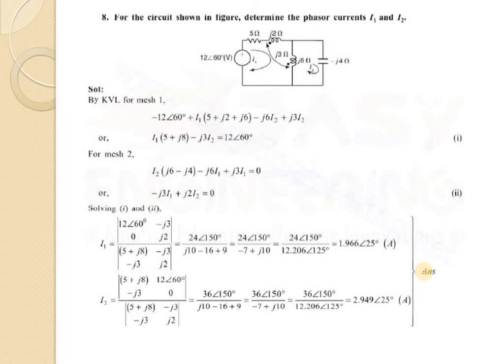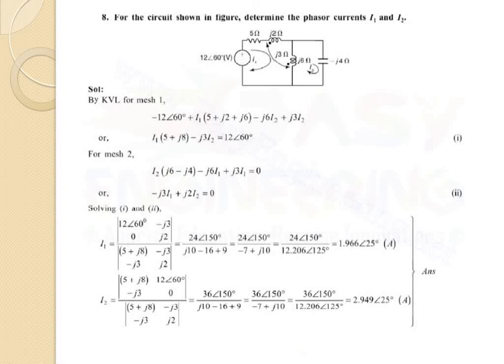Next problem. For the circuit shown in the figure, determine the phase currents I1 and I2. For solving this one, we have formed again the KVL mesh loops. Applying KVL, we are getting these equations here.